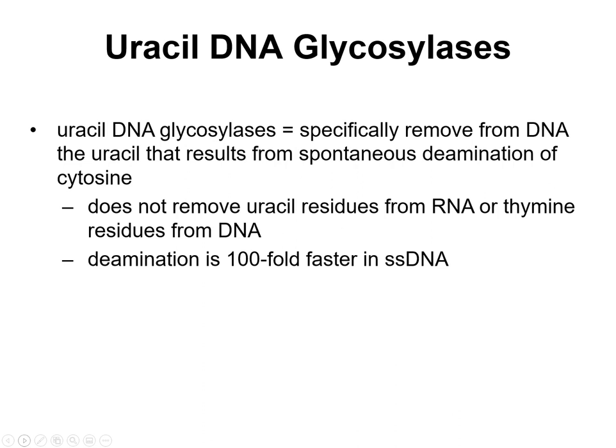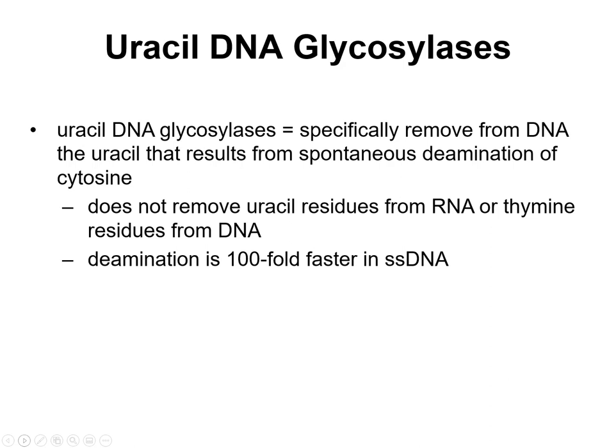There are uracil DNA glycosylases that specifically remove uracil from DNA that results from the spontaneous deamination of cytosine. So remember, our DNA undergoes lots of damage. And sometimes that means you have spontaneous deamination and other things that occur to cause dimers to form, all types of craziness.